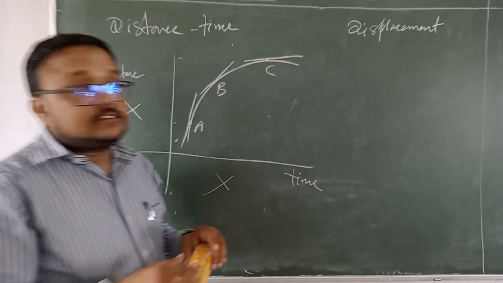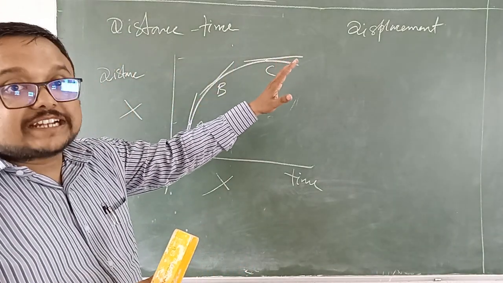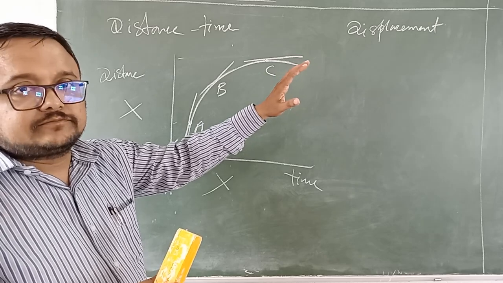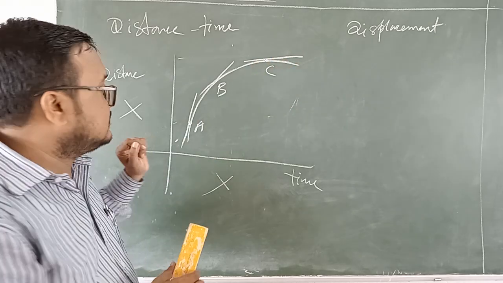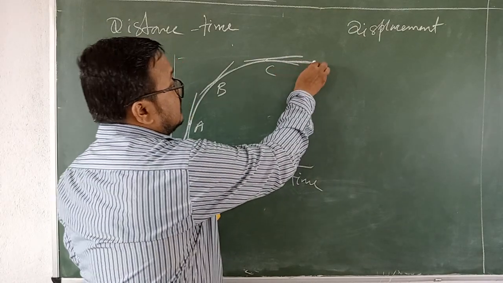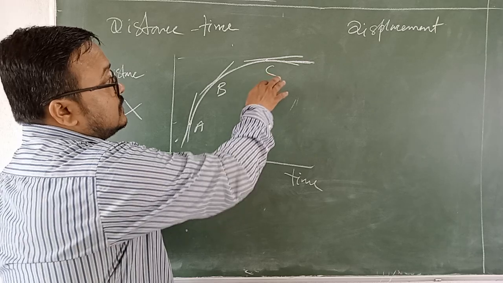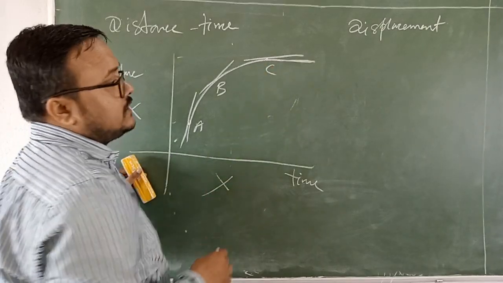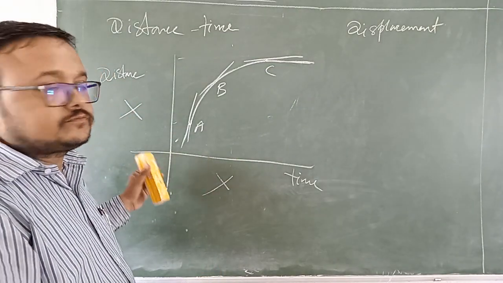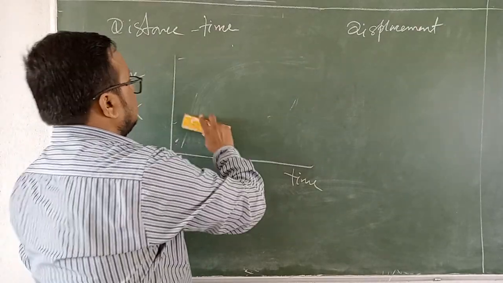This means this object is deaccelerating. Negative acceleration is there. And when it becomes a straight line, then we can say that it comes to rest. So this is the graph for distance.